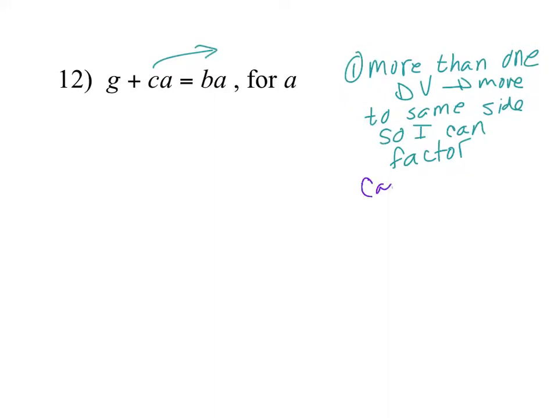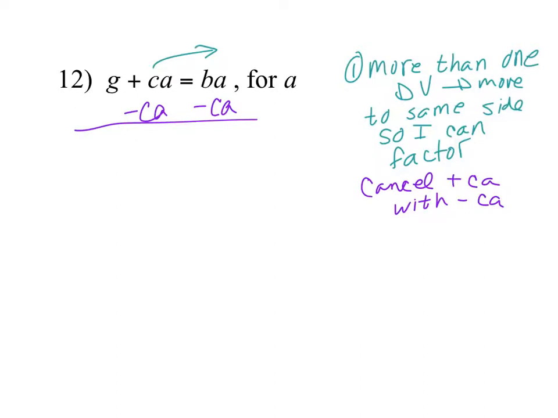I'm going to cancel a plus CA with a minus CA. Notice I didn't write, I subtracted CA from both sides. I'm writing why: to cancel that plus CA. So the CA is going to cancel on the left, leave me with a G equals.